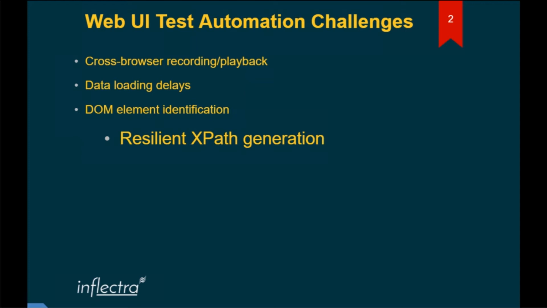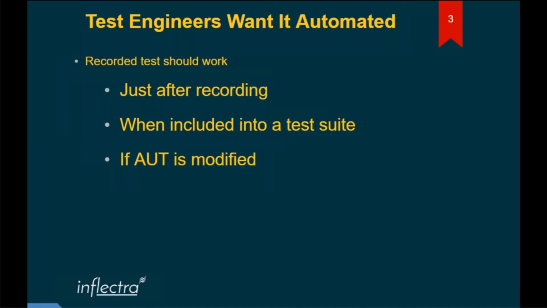When an application is changed, the selector should still be valid. When the application is reloaded, the selector should be valid. As you will see later, this is not always the case, and there are common pitfalls along the way of recording reliable XPath selectors for elements. So let's go through them.